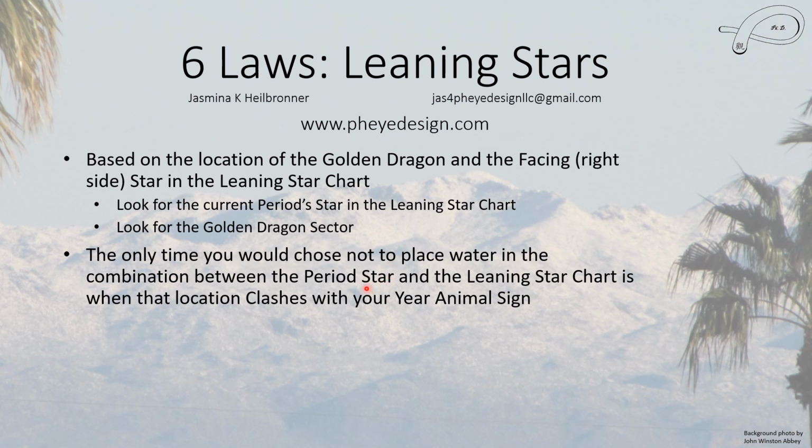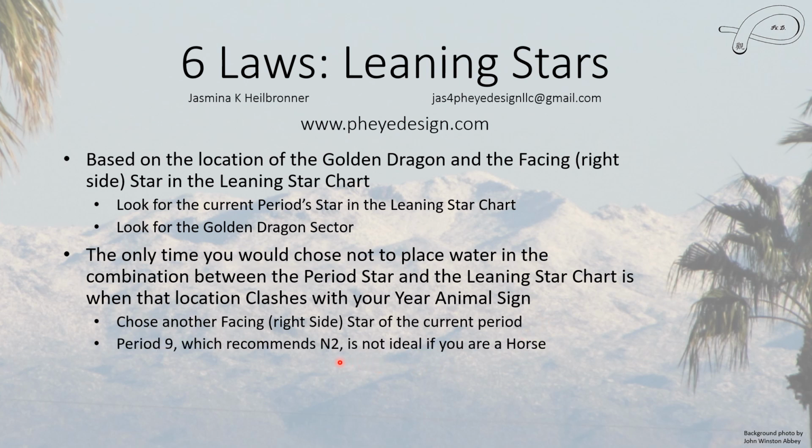If that particular sector here clashes with your year's animal sign, then you would not want to use it. So what you would do there is just use one of the other directions with the 9 as the facing star for period 9, that is.